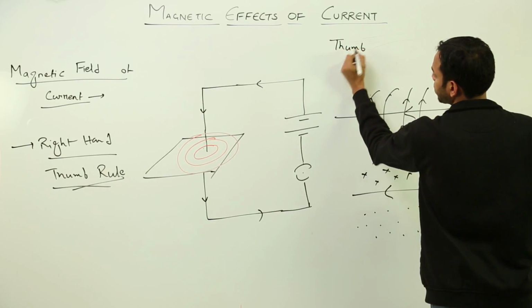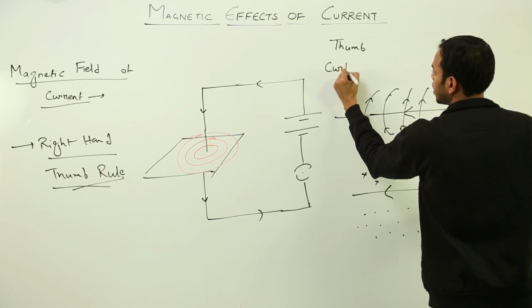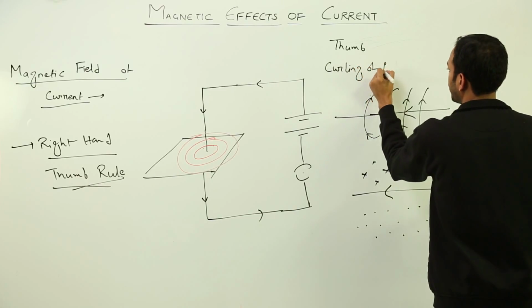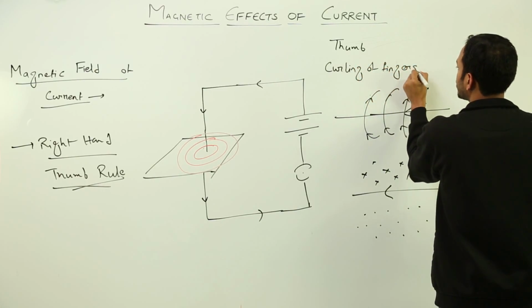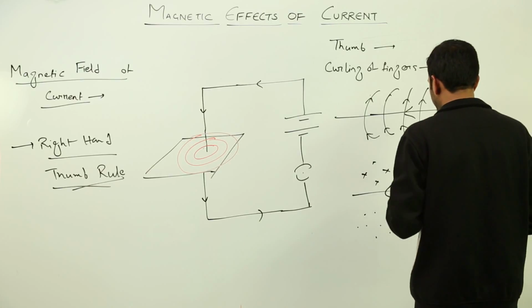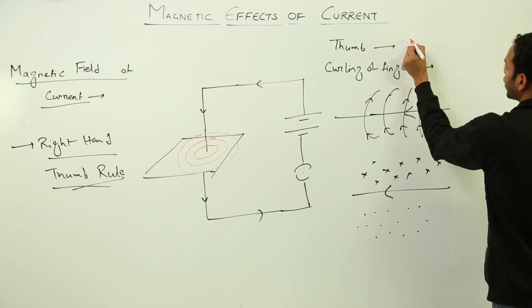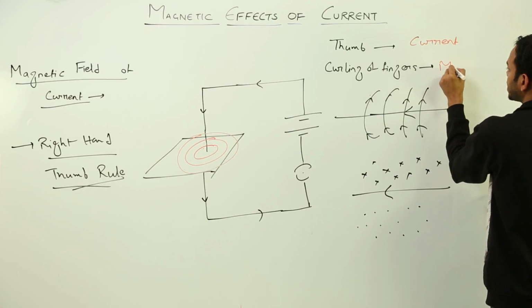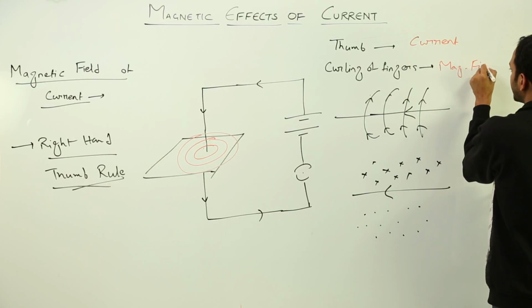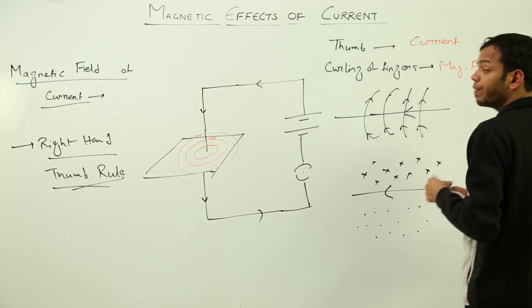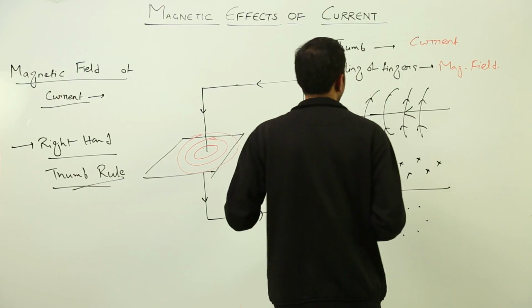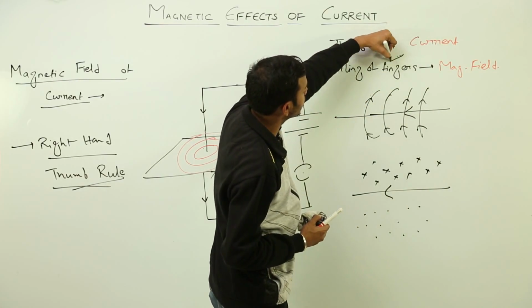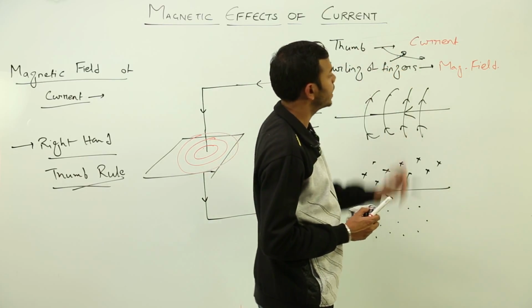Thumb and curling of fingers. If the thumb represents the direction of flow of current, the curling of fingers represents the magnetic field. So my point is, the converse of this rule is true as well. That means if the curling of fingers represents current, then the thumb will be representing the magnetic field.